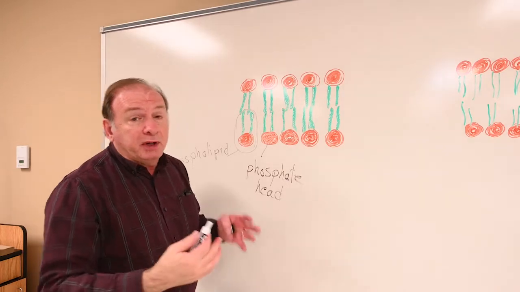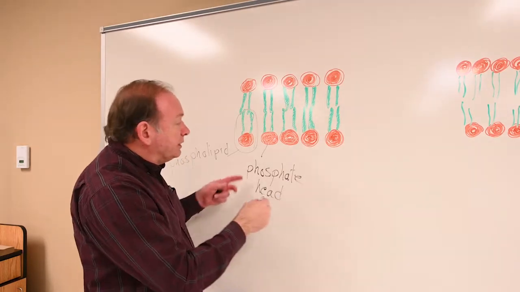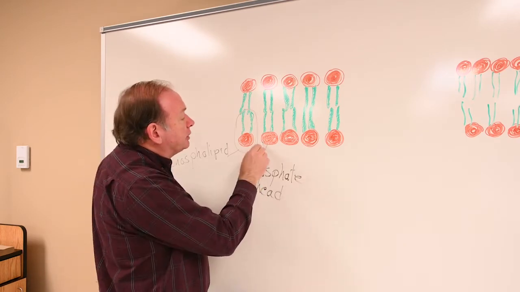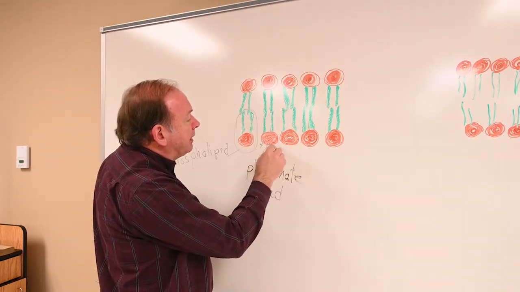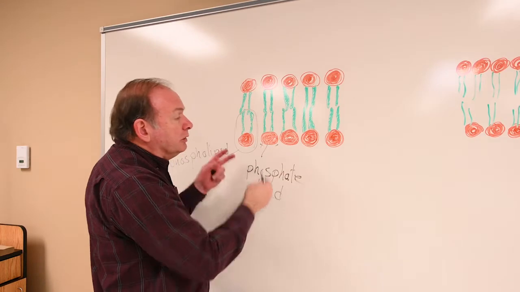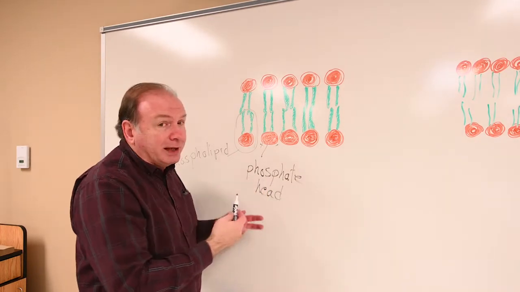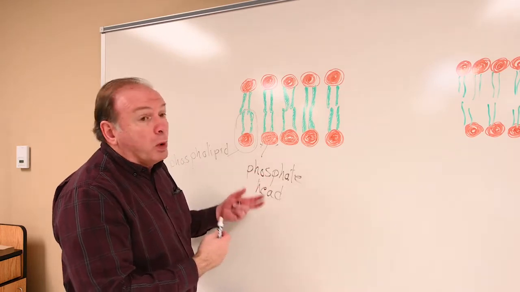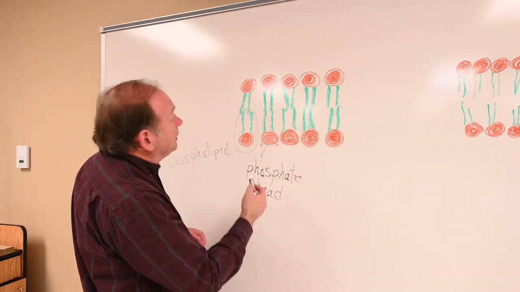The phosphate head is what we consider a polar molecule. That means that there are some regions of this structure that have fewer electrons and are more positive, and other areas with more negative charge. So it's not an electrically neutral structure with respect to water specifically.